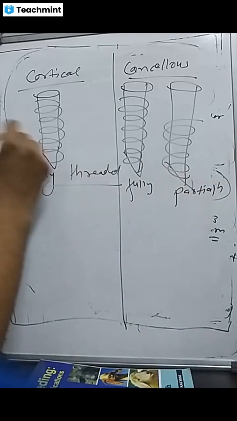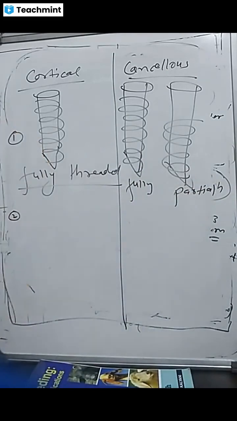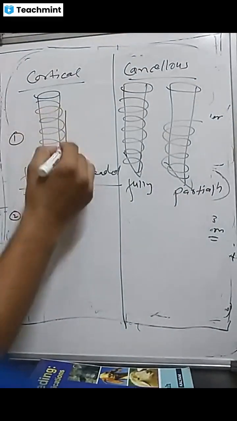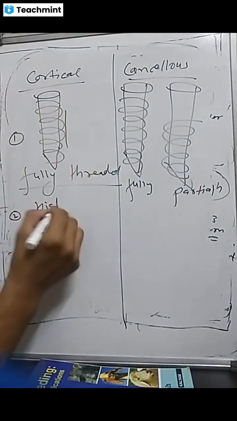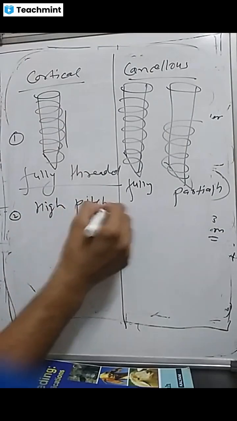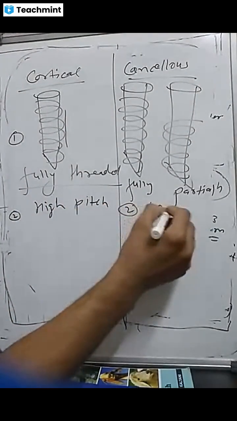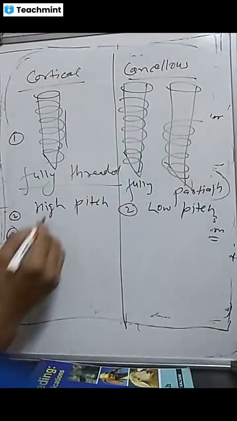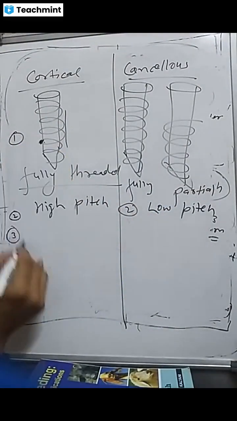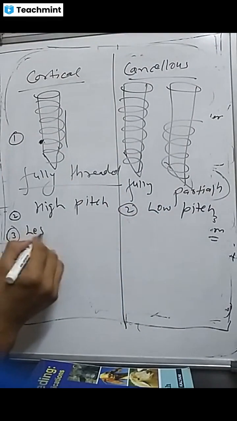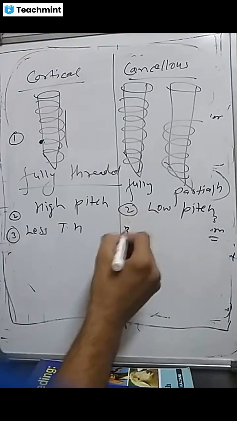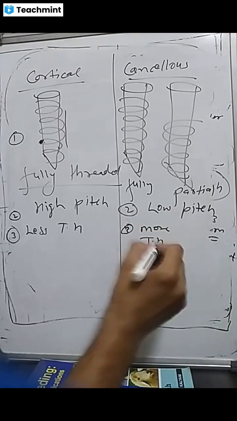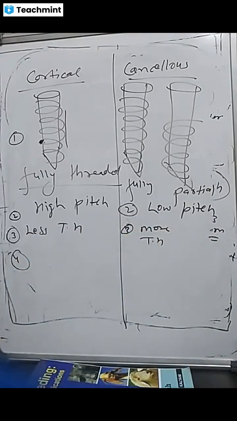This is the difference. Second, about the pitch, number of turns: cortical screws have low pitch and cancellous screws have high pitch. Number 3, thread height: cortical screws have less thread height and cancellous screws have more thread height.